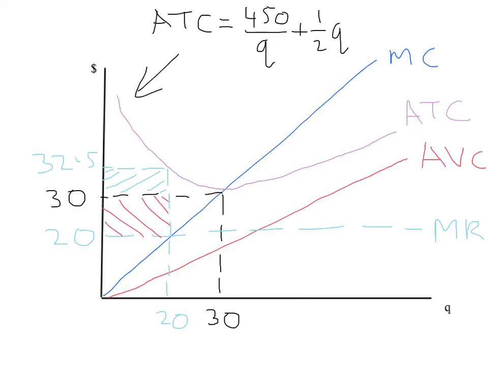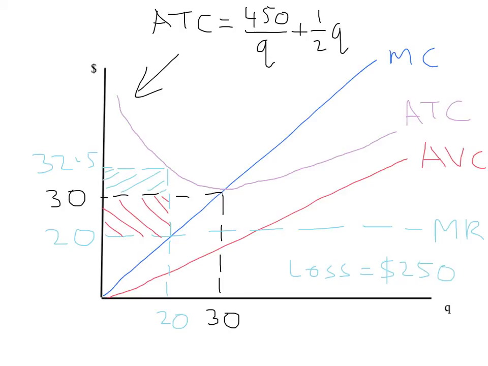Those two areas are simply equal to the difference between average total cost and price times quantity. What is the size of that loss? Well, it's going to be 32.5 minus 20, that's 12.5, times 20, so that's just going to be equal to 250. So we know that the loss of this firm is just going to equal $250.